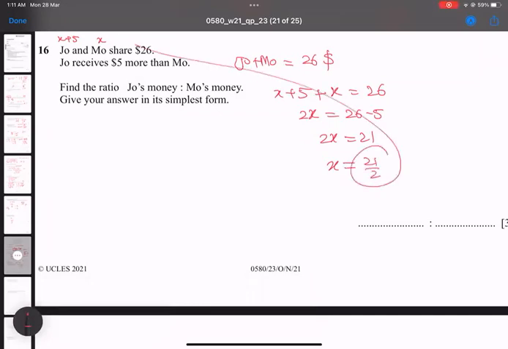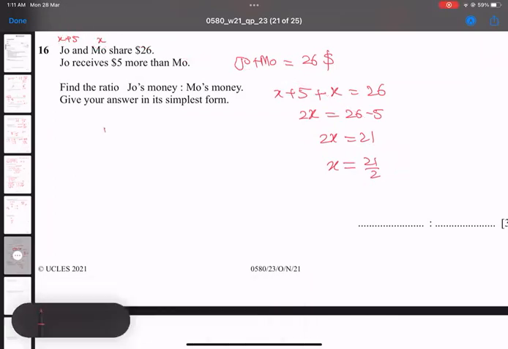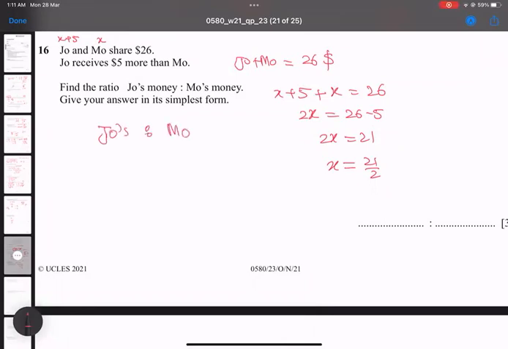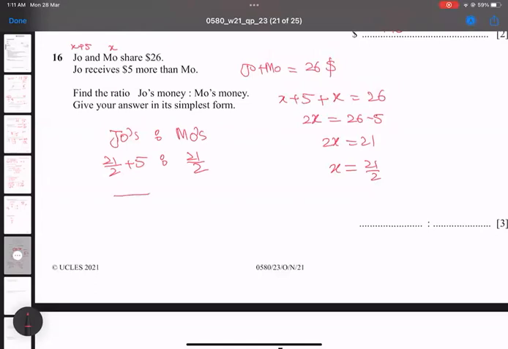Now this 21 over 2 I will copy here and here. Then Joe's share ratio Mo's share. Joe's is X plus 5, so X is 21 over 2 plus 5, whereas Mo's is X only, so 21 over 2. Now take the LCM on the left-hand side. The LCM is 2; 2 fives are 10.